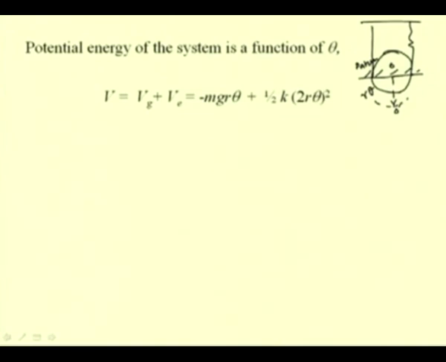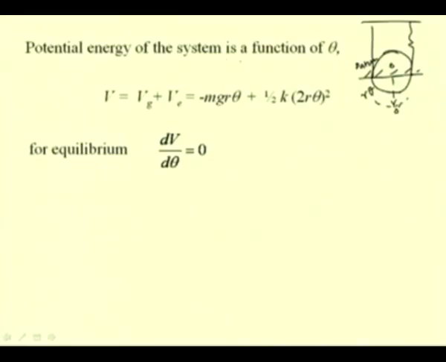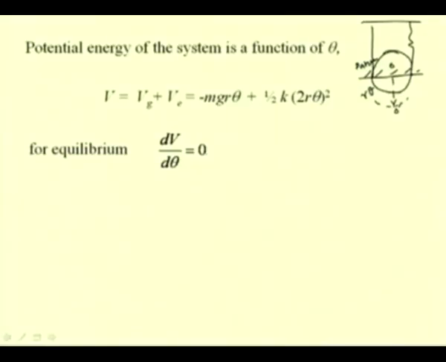So, this gives the potential energy of the disk for any angular displacement theta. Now, for equilibrium, the change in the potential energy for a small virtual displacement should be 0, and the virtual work equation for systems with only conservative forces is given as dV by d theta equal to 0.